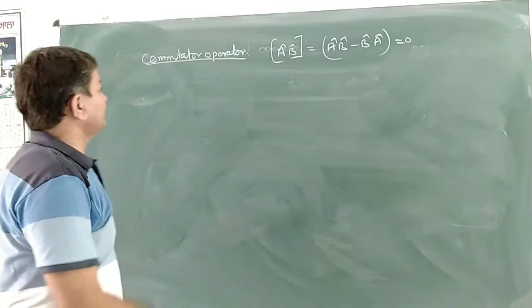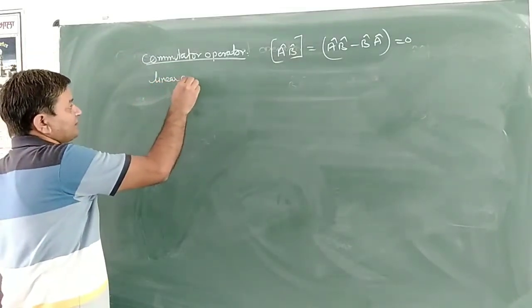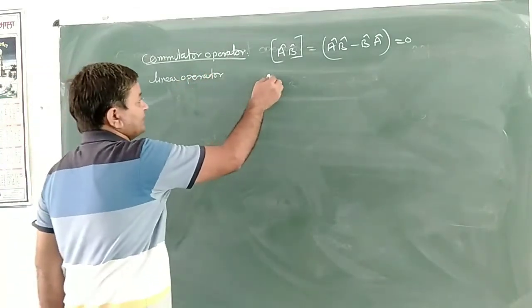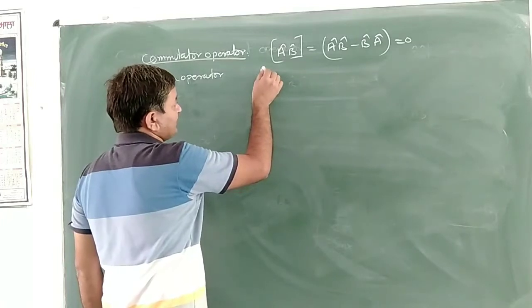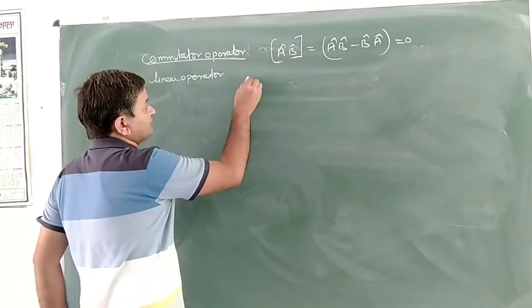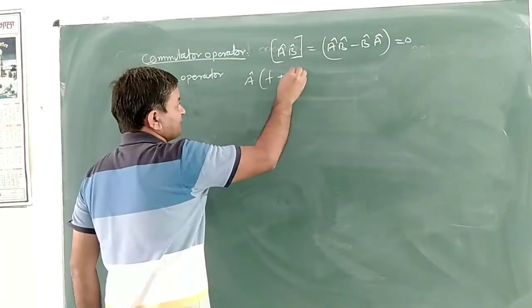After this, next comes the linear operator. What is the linear operator? In that case, we have the operator A, and we have the functions f and g.